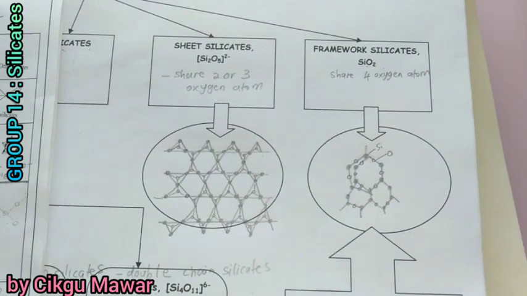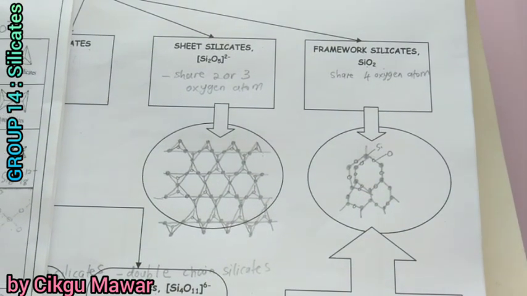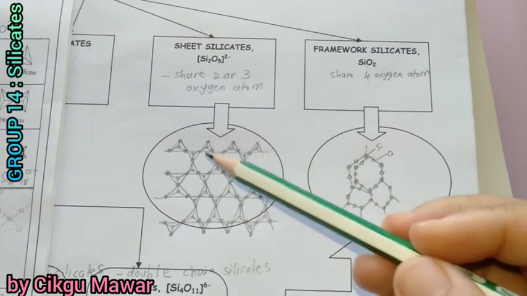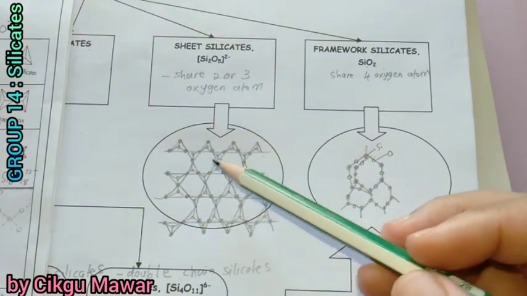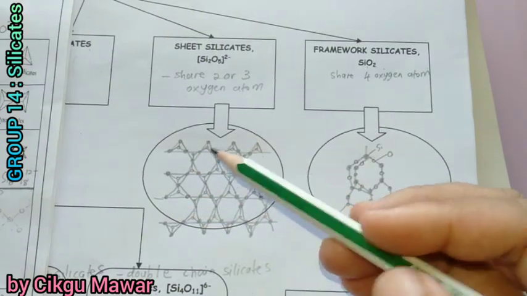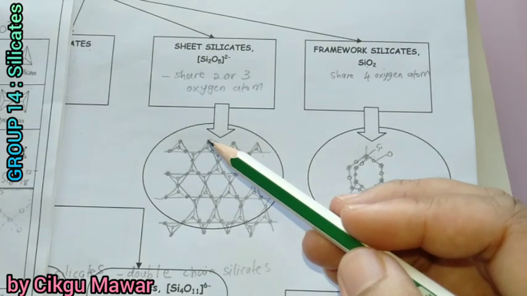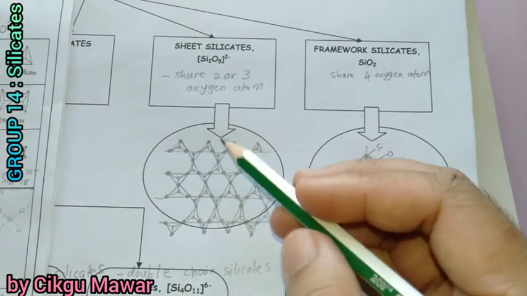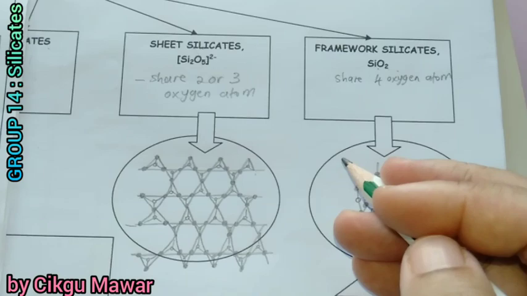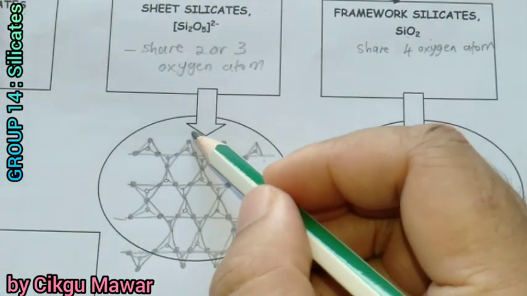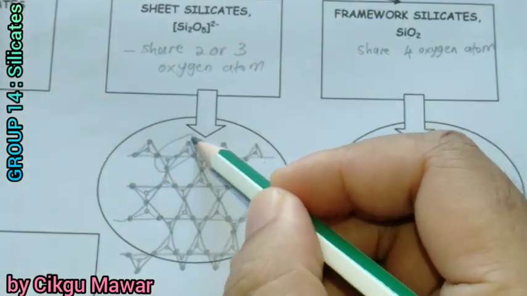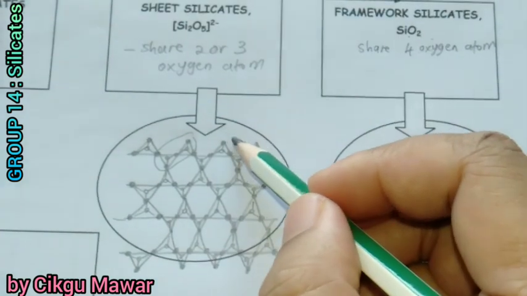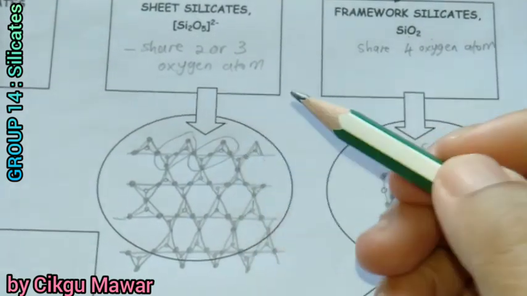Now, what is the repeating unit, our basic unit in sheet silicate? What is the repeating unit that you can see here? If you realize, this is the repeating unit of sheet silicate. You can see this is one repeating unit here, the same pattern, is it?